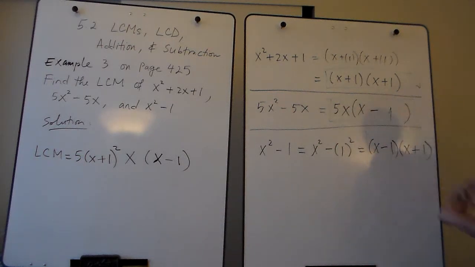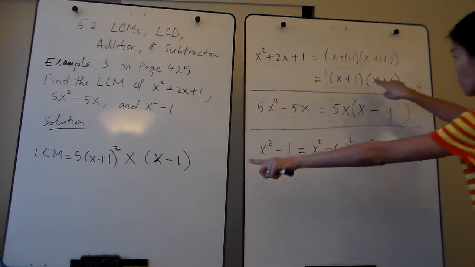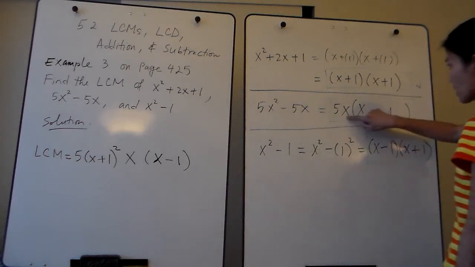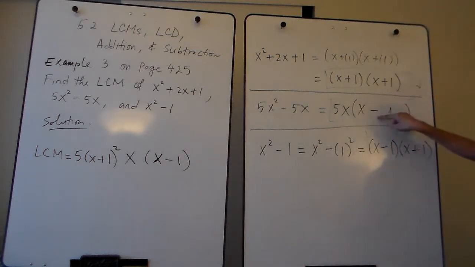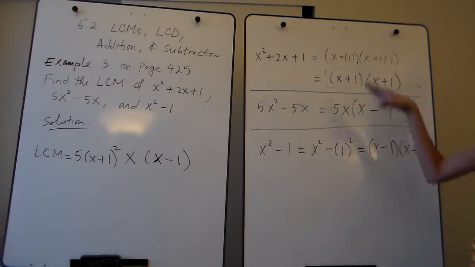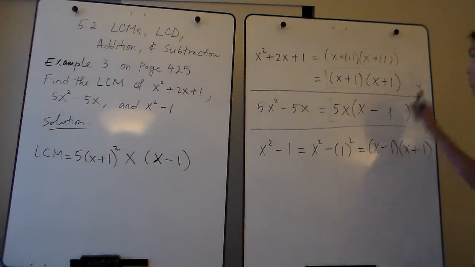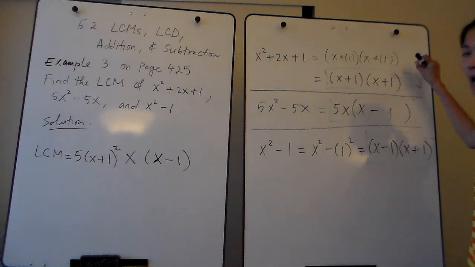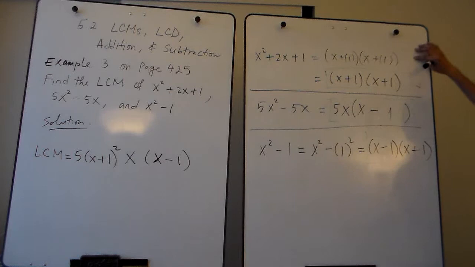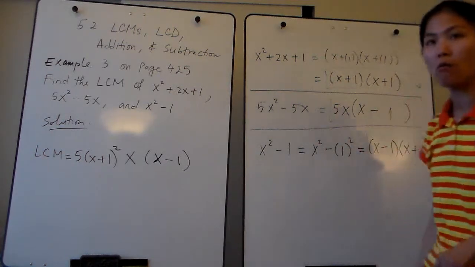Yes. Okay. Now, or check this way too, to see if you include all the factors. So x plus 1, there x plus 1, right? x, there x. x minus 1, yep, there x minus 1. There is x minus 1, there is x plus 1. The reason I'm checking on this side is because I don't want to leave out any factor. If there are more different factors, make sure you include them here as well.